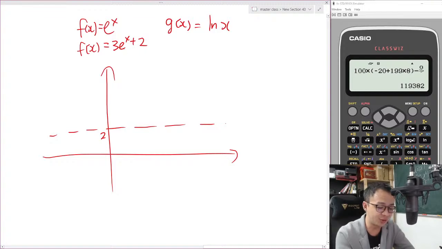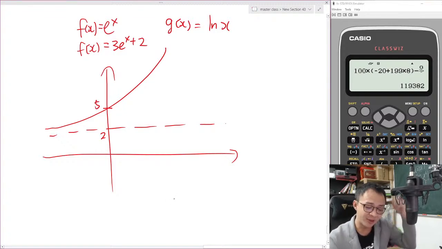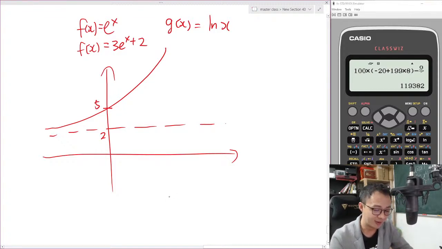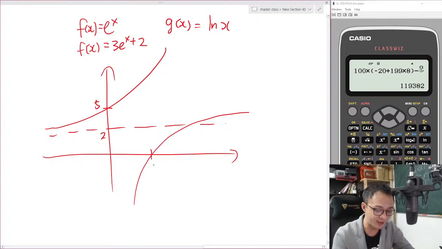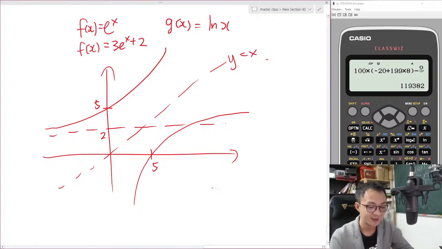And this is 3, so when x equals 0, I will get 5 here. So for the log graph, it will pass through 5. You will get something like this, and there will still be a reflection in the line y equals x.